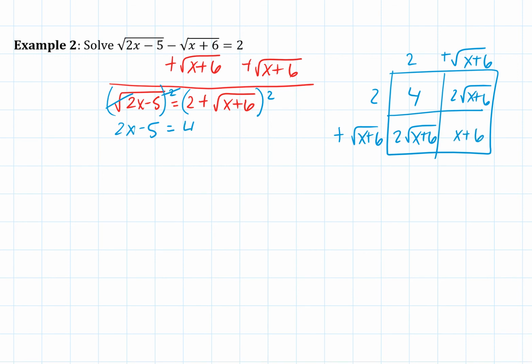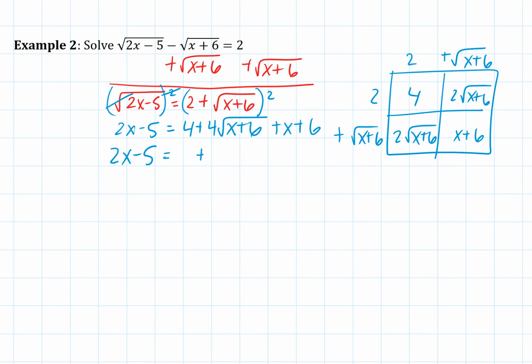So we have 4 plus 2 root x plus 6 plus 2 root x plus 6 gives you 4 root x plus 6 plus x plus 6. Okay, we're going to repeat that strategy again. We got rid of one of the radicals, but our equation is still radical. It still has a square root in it. So we're going to isolate one of the radicals except possibly a coefficient.